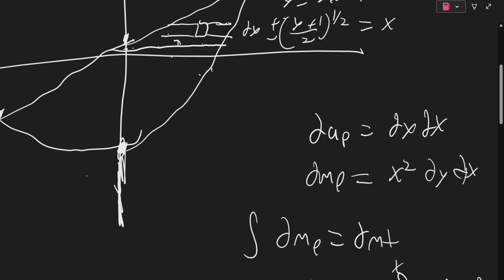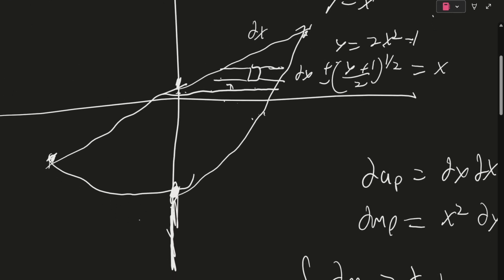And because of how symmetry works, for each y value that we put in, we're going to get a positive and a negative x value. It's going to be symmetrical about the y-axis. So this is going to be our positive function, and this is going to be our negative function.